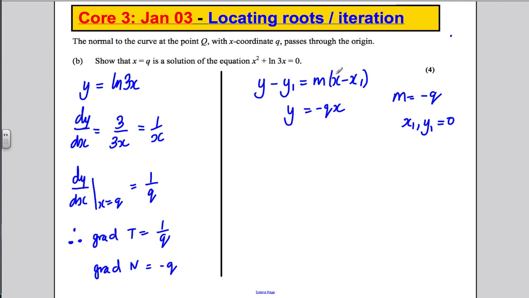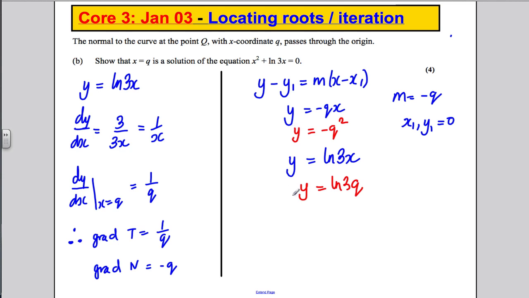Okay, so we're nearly there here. We also have an equation y is equal to ln of 3x. So if we substituted x is equal to q into both of these, for this case y would be negative q squared, and for this case y would be equal to ln of 3q.